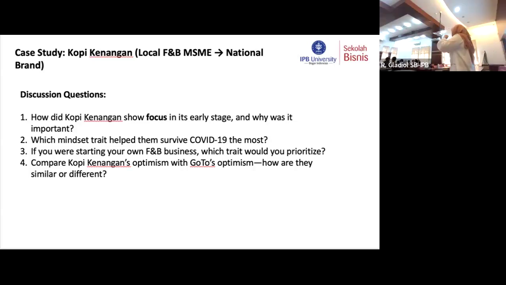Okay, so molecularization. Guys, when you want to open a Kopi Kenangan with a small store, maybe the capital is like 10 million rupiah, for example. And then if the number of customers is not really high or is slow, and you close that store, you just know that okay, I lost 10 to 20 million.